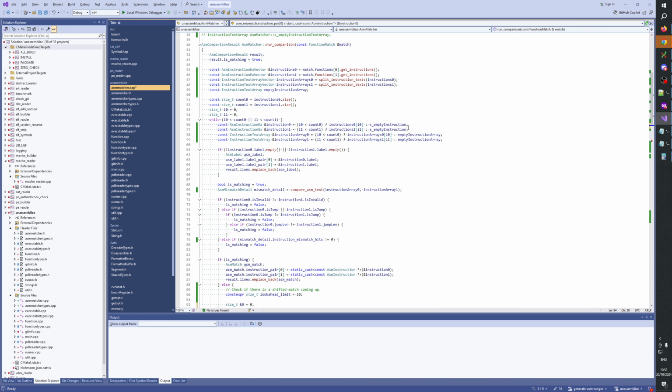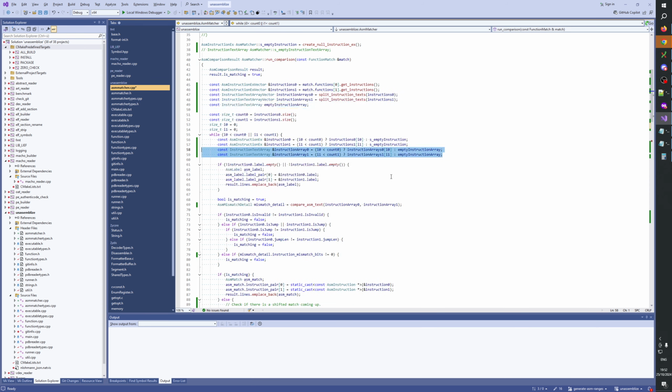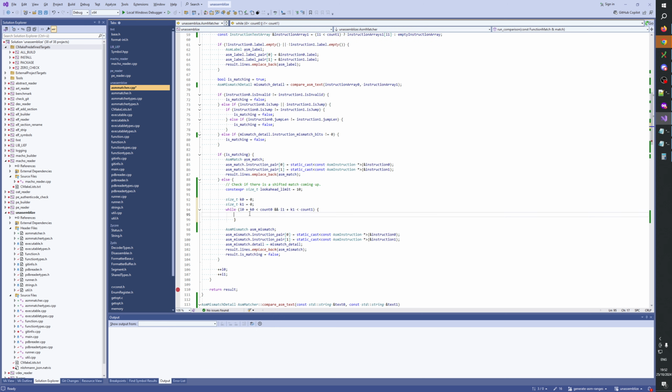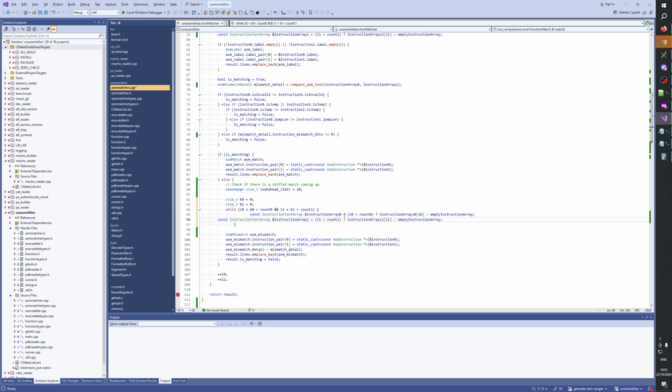And then we also need to get instruction array. We don't need this check here, I think.